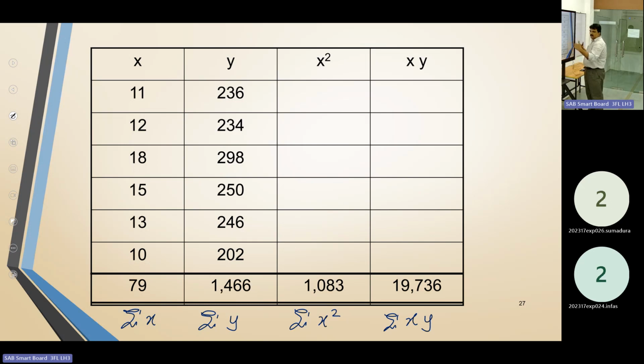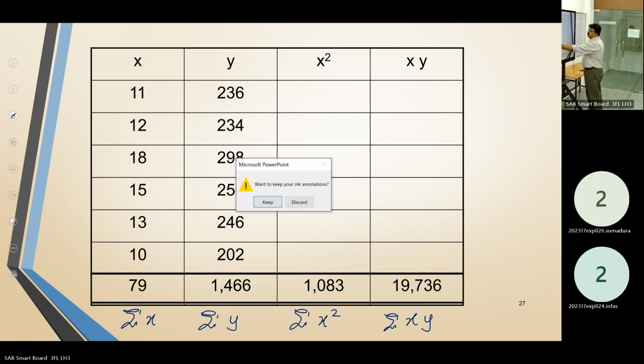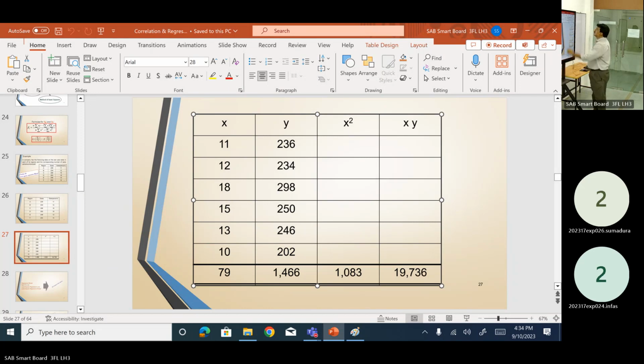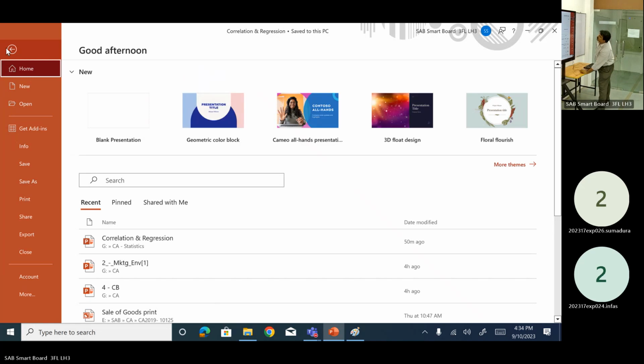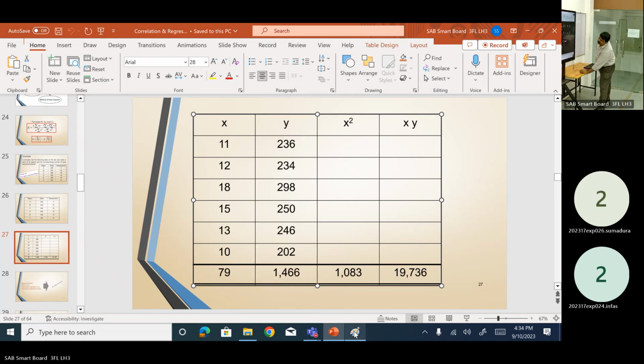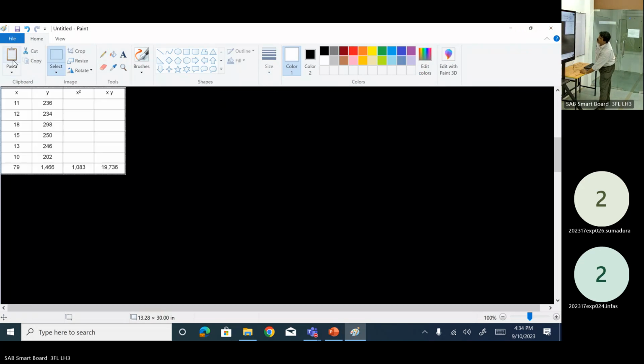We get the two normal equations, we solve, and we get our beta naught and beta 1. Now we can generate the values.